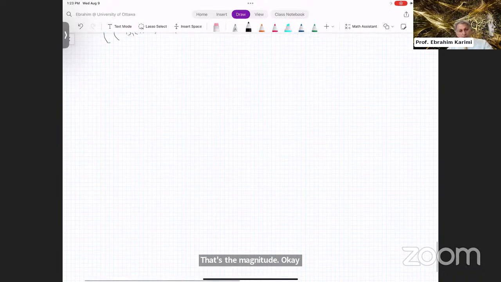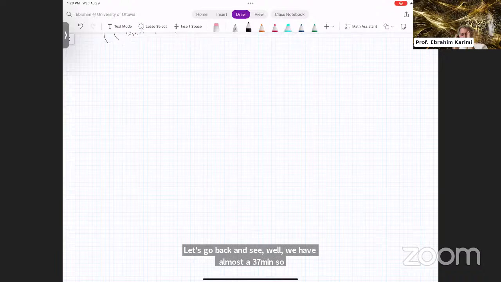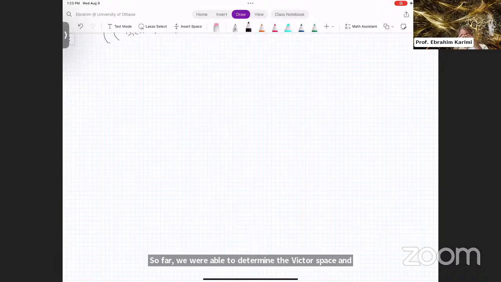Well, so far so good. Let's go back and see. Well, we have almost 37 minutes, so I can define some other operators. So far, we were able to determine the vector space, and we say, well, what is the relationship? We had also the scalar quantity, and we say that all of them are changing according to the vector's quantity.